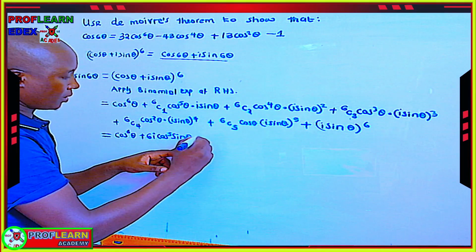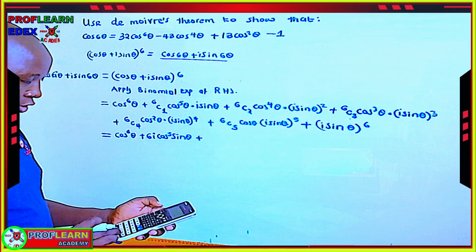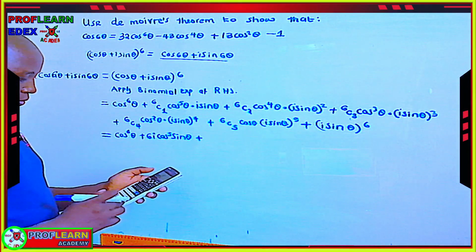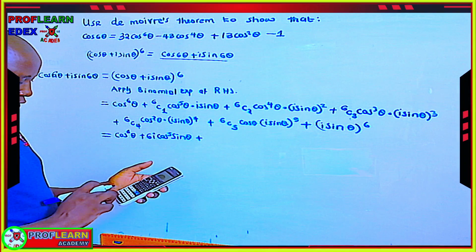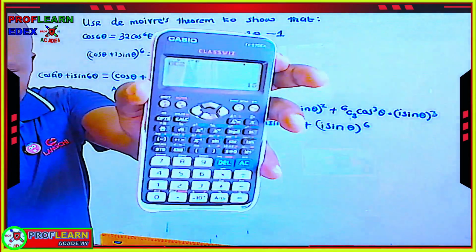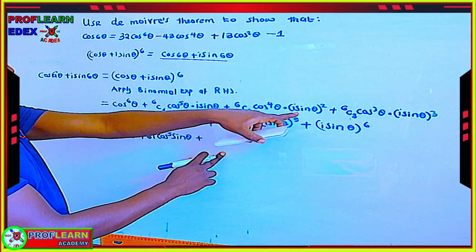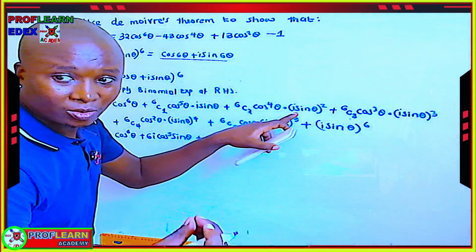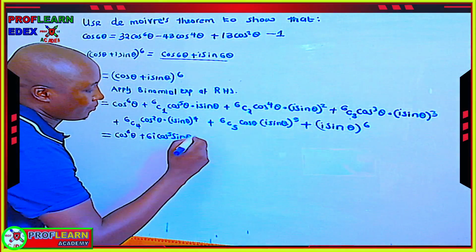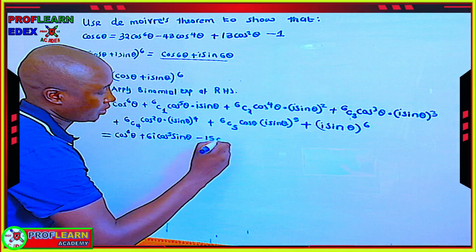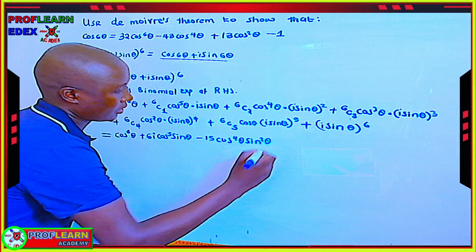Next term here will be plus 6 combination 2, and we need to be very sure about it. 6 combination 2 will give us 15. Yes, this i is squared, right? So when i is squared, it becomes -1. So we shall have this term, -15 cos^4 θ sin^2 θ.